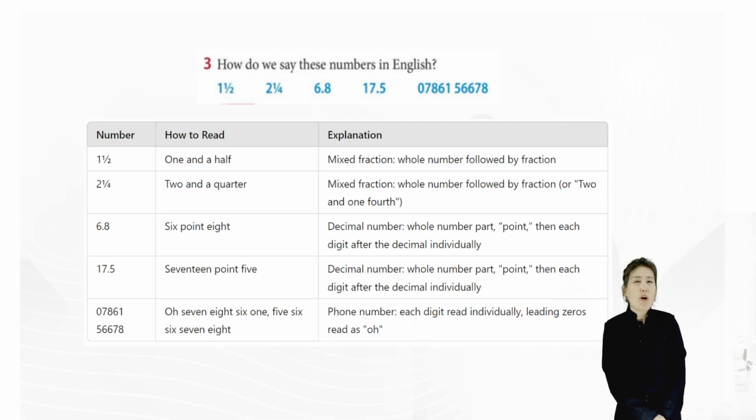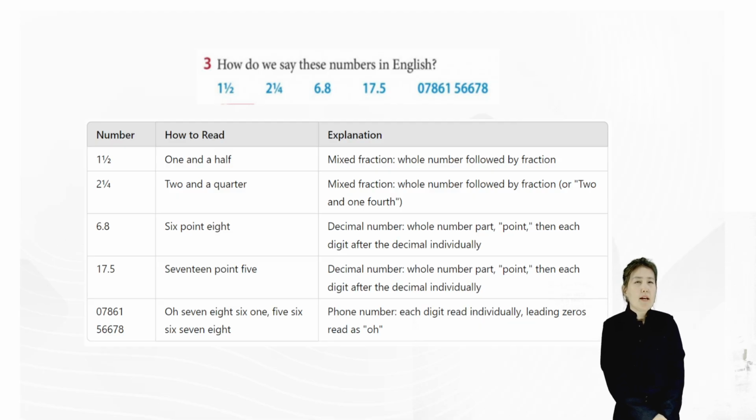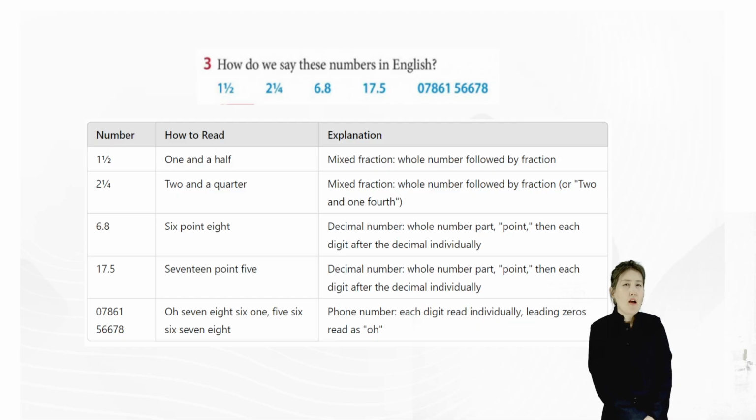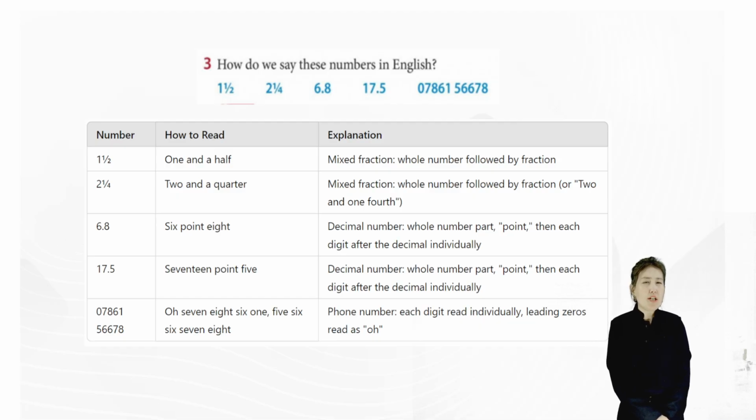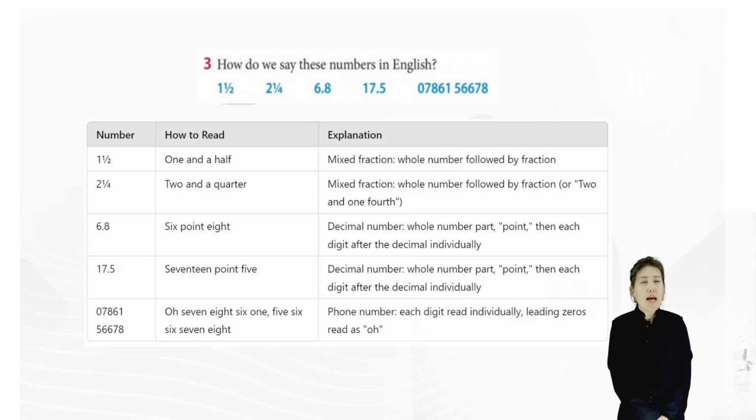Similar to other decimal numbers, it is read by starting with the whole number part followed by point and then the digit after the decimal. 07861 56678. For phone numbers, each digit is usually read individually. Leading zeros are often read as O.